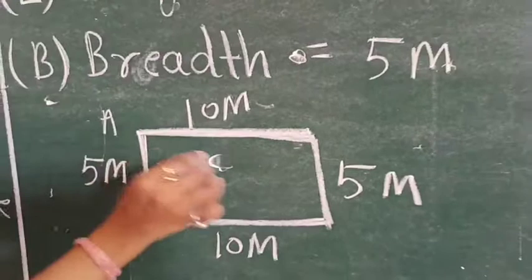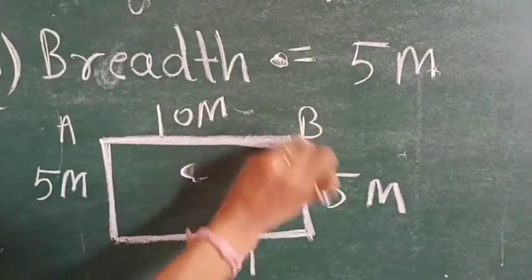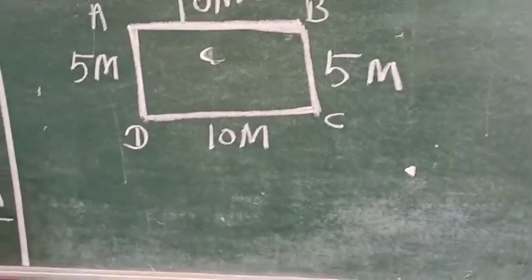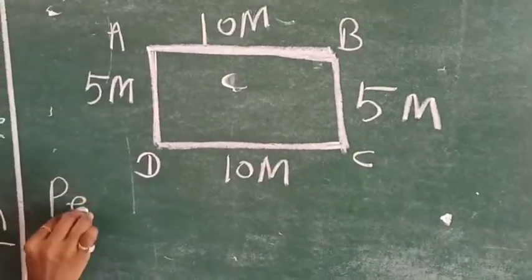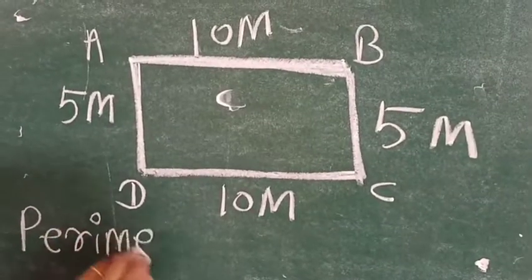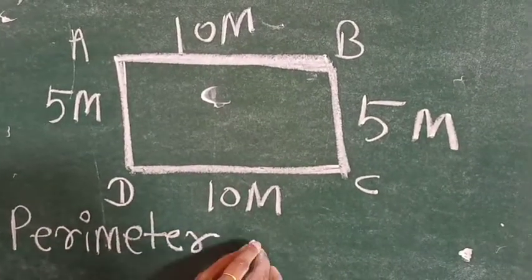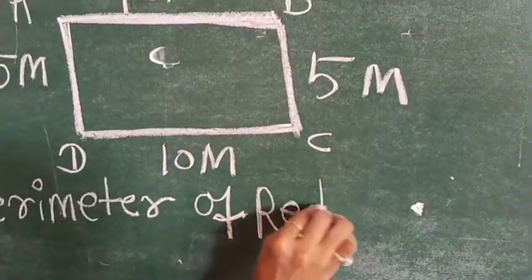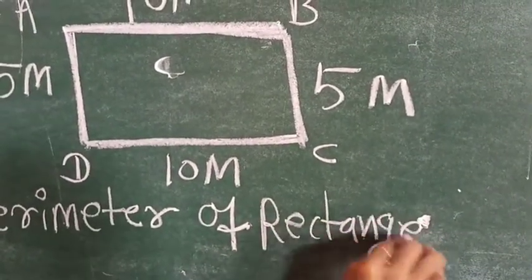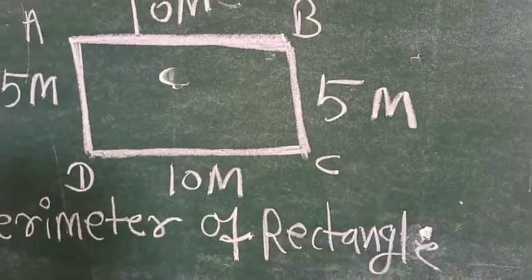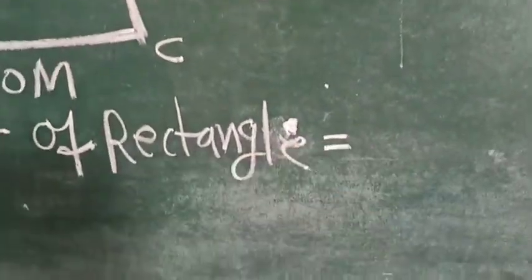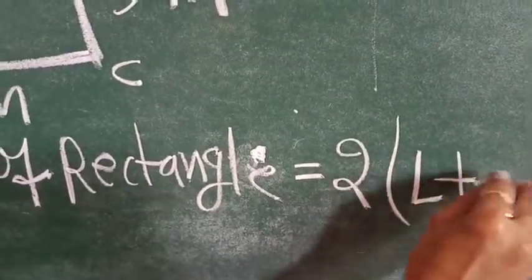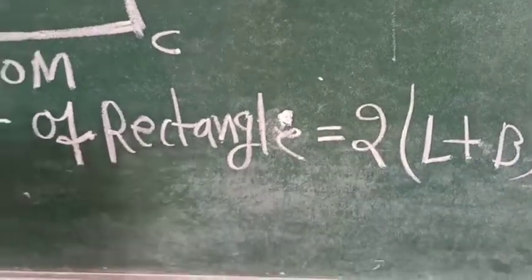Okay, we will give the names A, B, C and D. So what is the formula of the perimeter of a rectangle? Perimeter of rectangle equals 2 times length plus width, right?